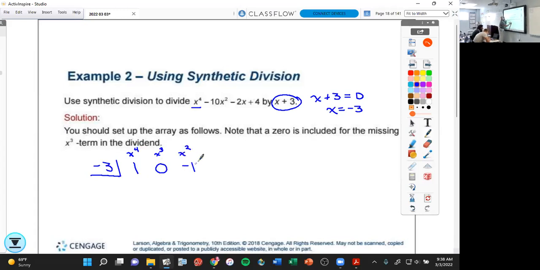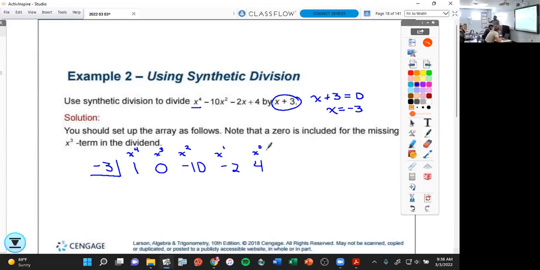Negative 10. How many x to the 1st? Negative 2. And how many x to the 0s? 4. Again, I'm not going to write this down going forward. Know that you start with the highest degree, take that coefficient and count down, and you must represent every single one of them. Questions on this so far?